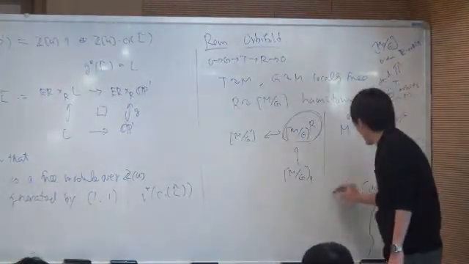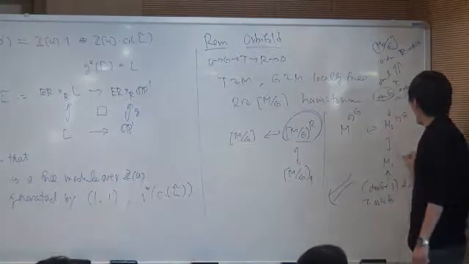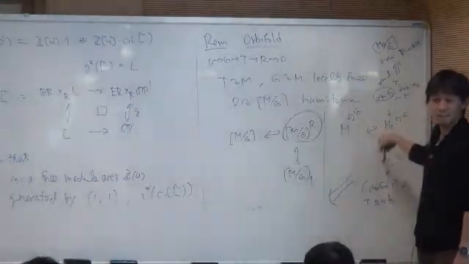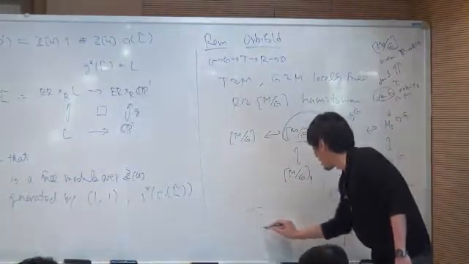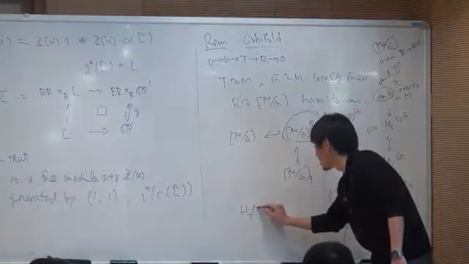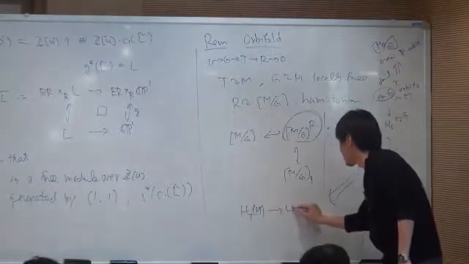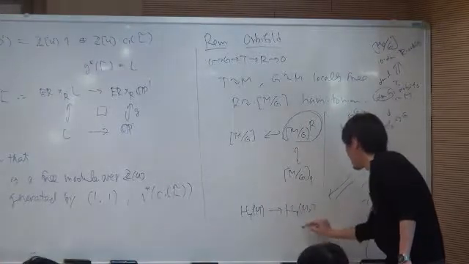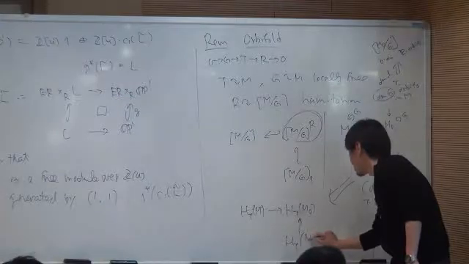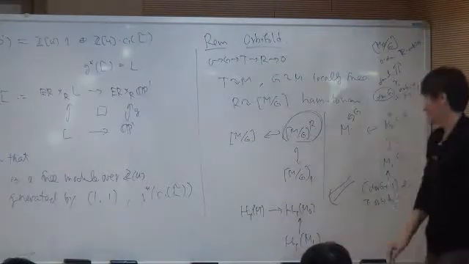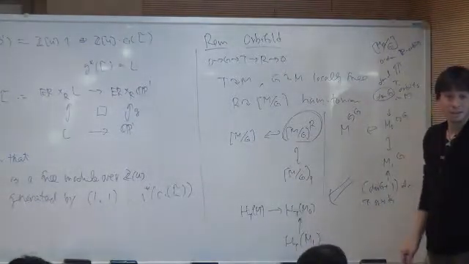But then you have this equivariant diagram. So you can do T-equivariant cohomology of M goes into T-equivariant cohomology of M0, and then there's T-equivariant cohomology of M1. Yeah?